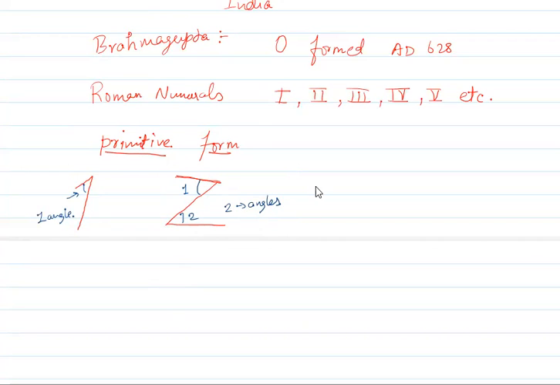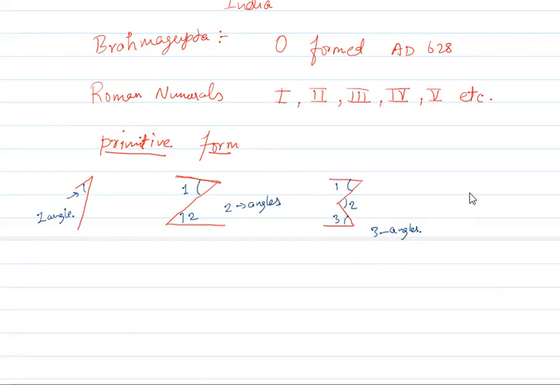Similarly, if we consider 3, it was something like this. So these are the primitive forms. Now count the number of angles. This is 1, this is 2, and this is 3. Angle means the angular displacement between two sides. So we have 3 angles, and therefore this symbol was used to represent 3.